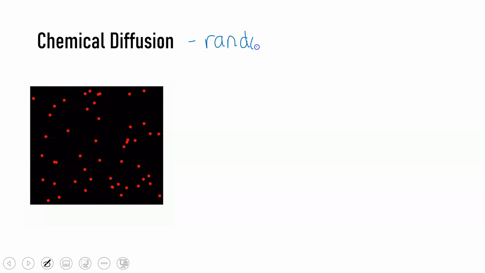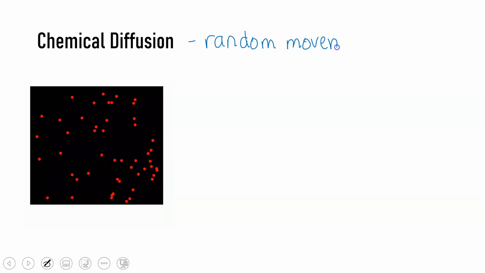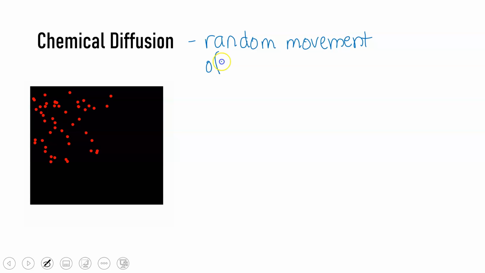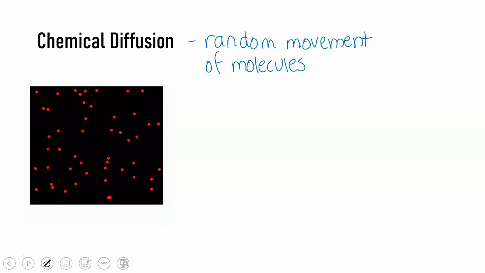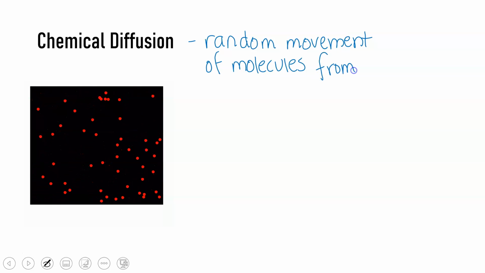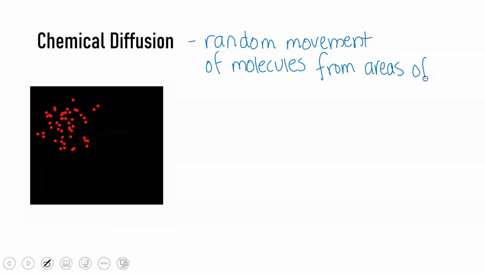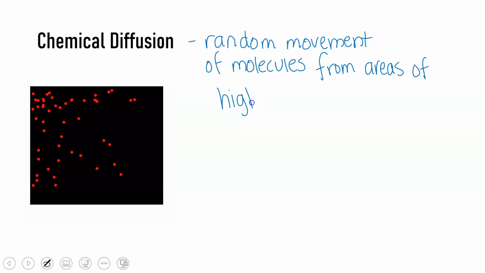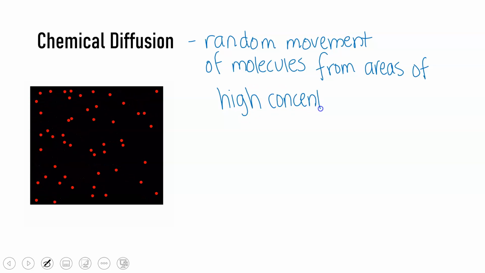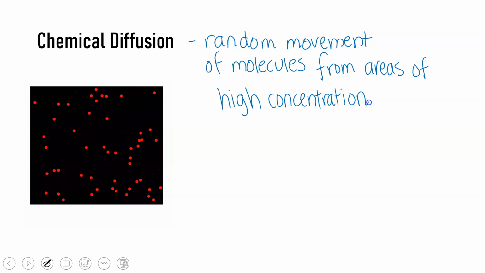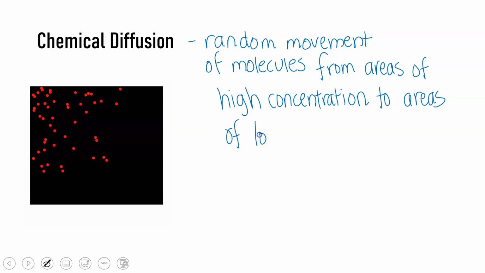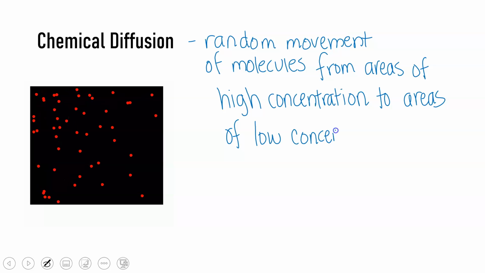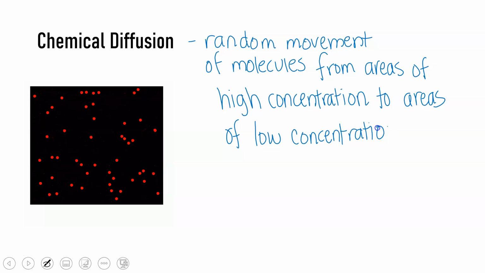Okay, so chemical diffusion is the random movement of molecules from areas of high concentration to areas of low concentration. Okay, so what that looks like.